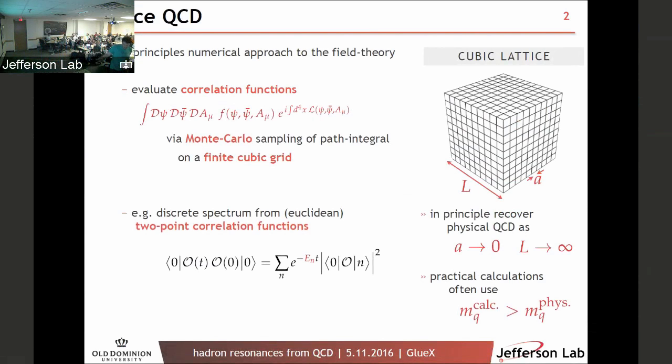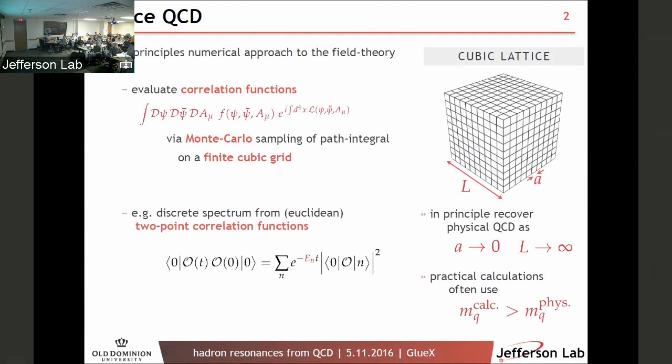To describe a particular configuration of a field, it's just a list of numbers, a number for each site, how strong the field is, if you like, at that site. Then, if you're supposed to average over all possible configurations, just Monte Carlo generate many, many configurations and average over them. Essentially, that's all that the approach is.